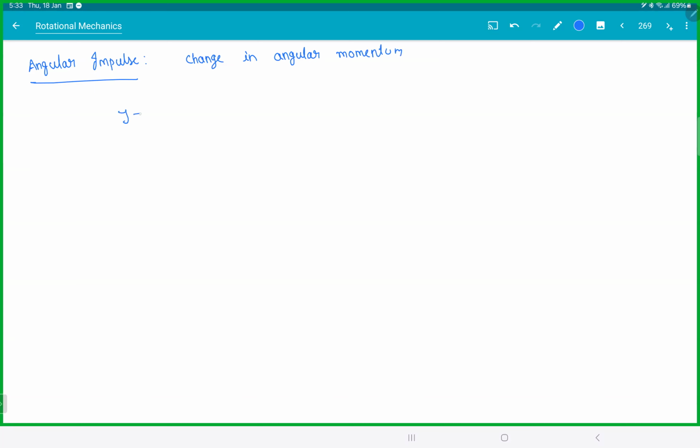So we know torque is equal to dL by dt. So change in angular momentum is integral of torque dt. So we can write this as integral of r cross F dt.